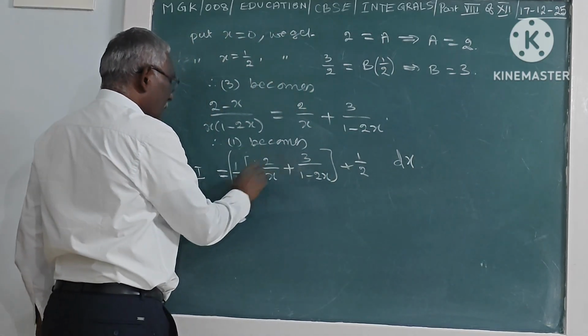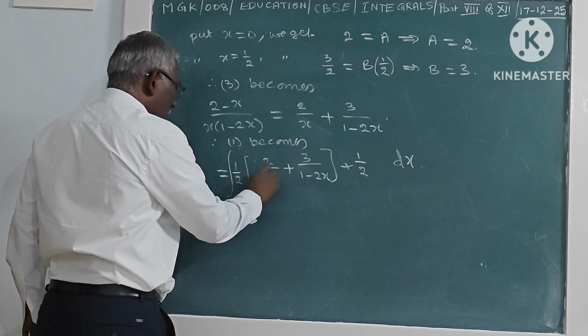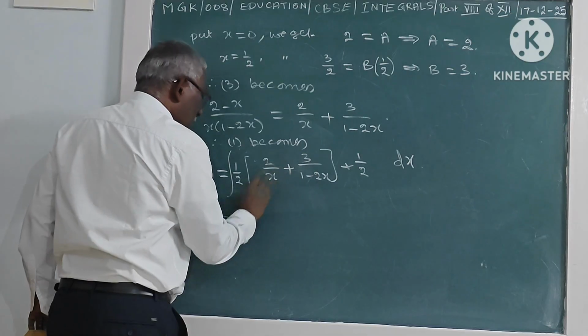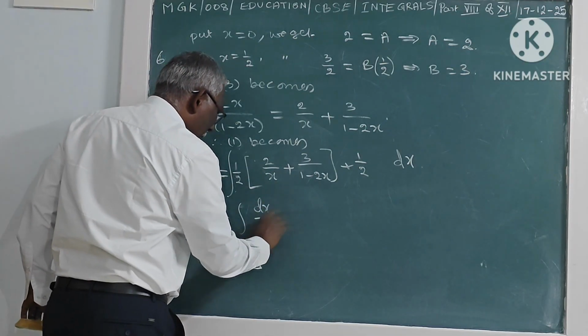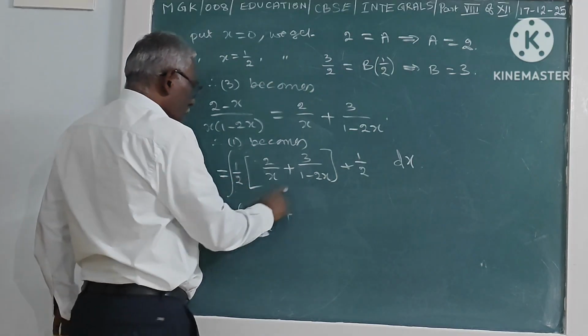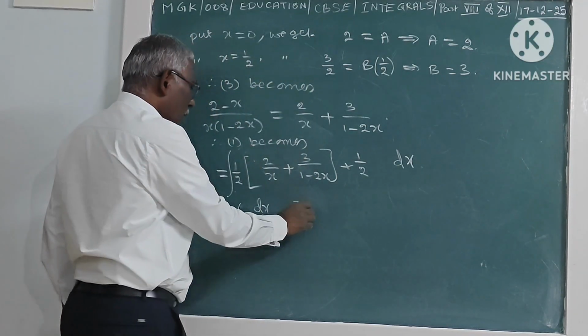So here we can write this as half times half into 2, that becomes 1, integral dx by x, plus 1 by 2 times 3 by 2.